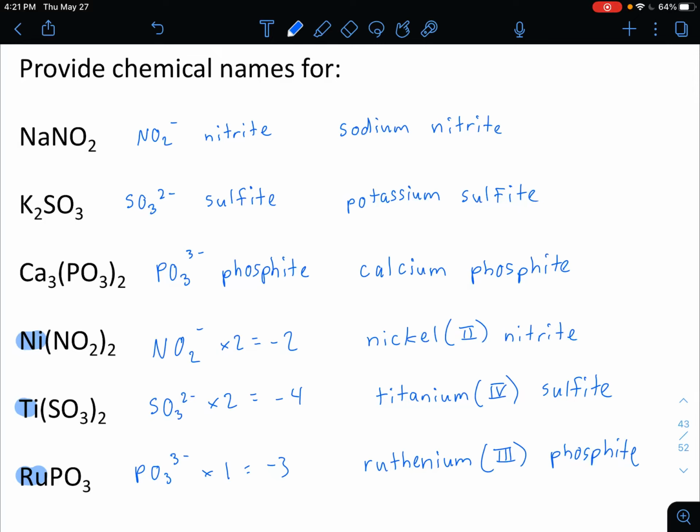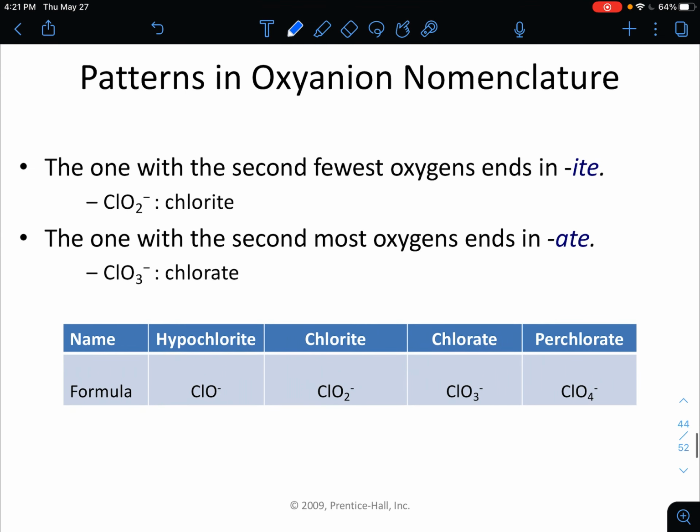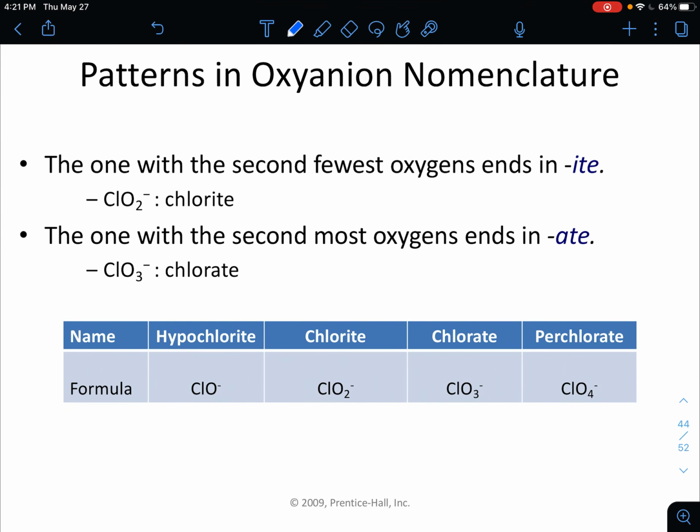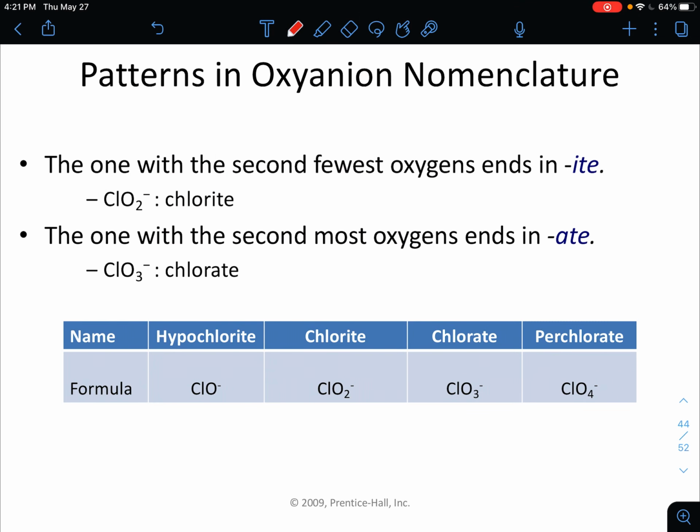All right, so let's take care of the last bit of this naming. Looks like 8 or 9 slides are left here. So we were seeing the oxyanion pattern in the last video, right? Sulfate, sulfite, nitrate, nitrite, phosphate, phosphite. Well, we're going to see that again with chlorate, but with the halogen-based oxyanion, so anions containing oxygen: chlorate, bromate, iodate.